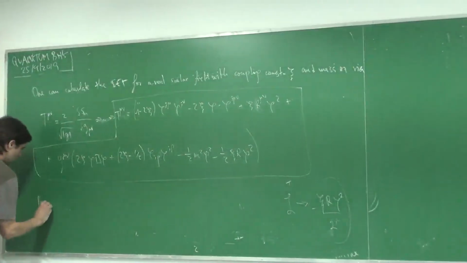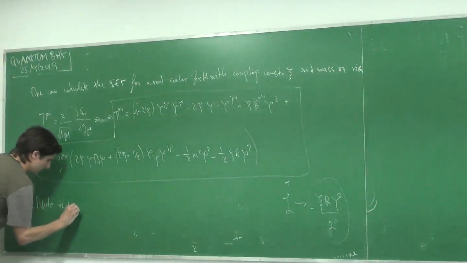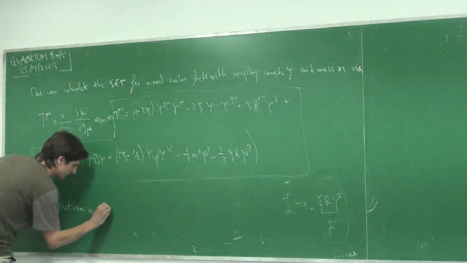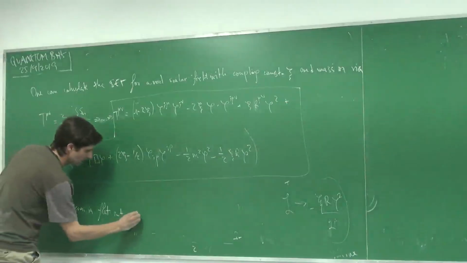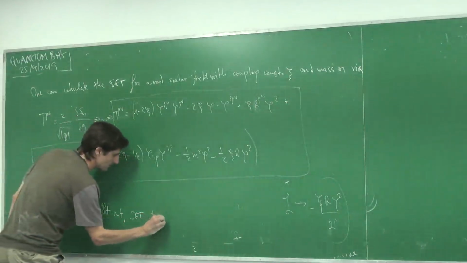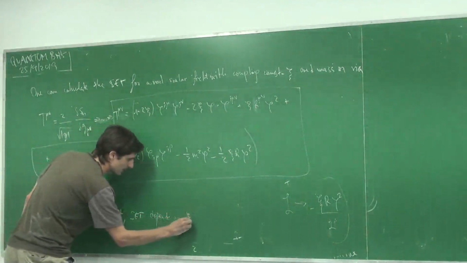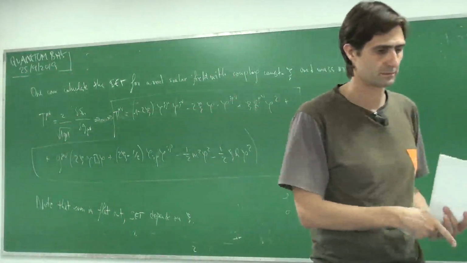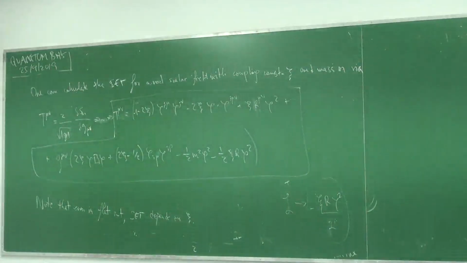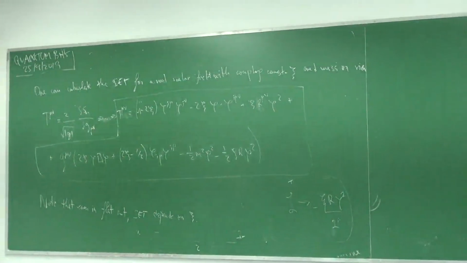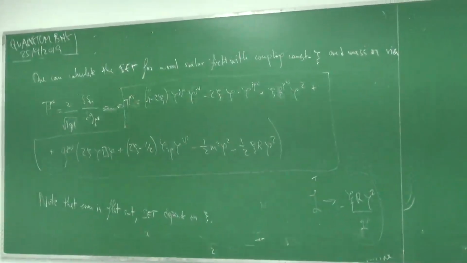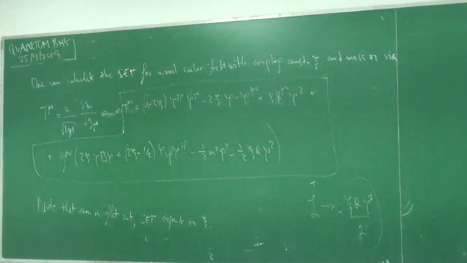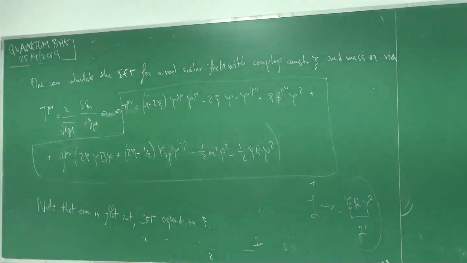So note that even in flat space-time, the stress energy tensor depends on xi. If space-time could be curved, and one knew the concept of Ricci scalar, one could derive the correct stress energy tensor in flat space-time.